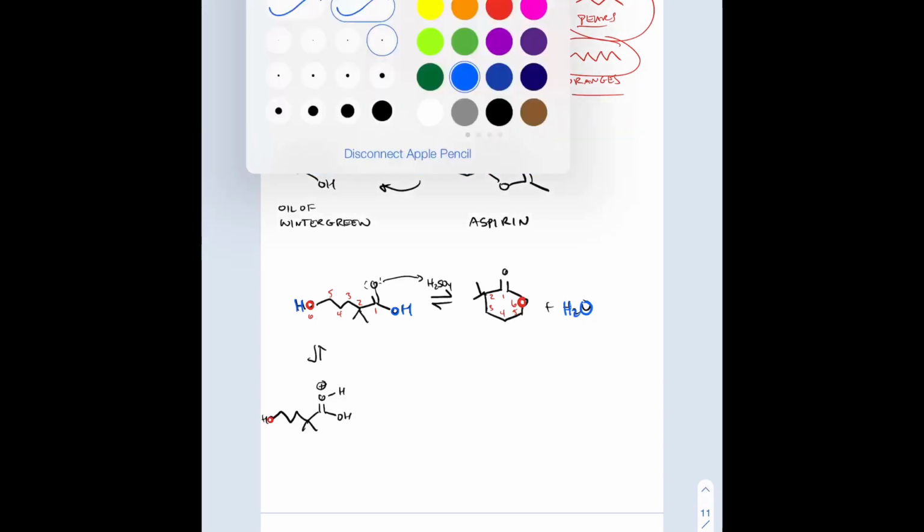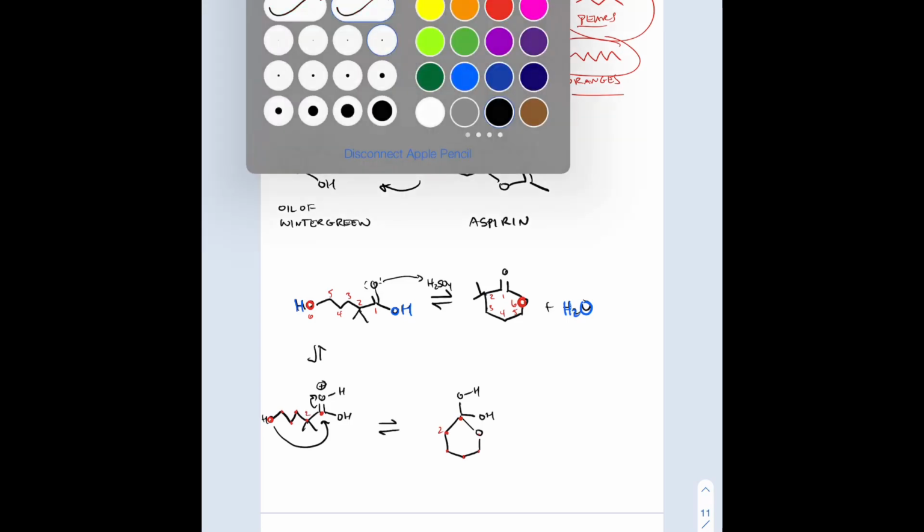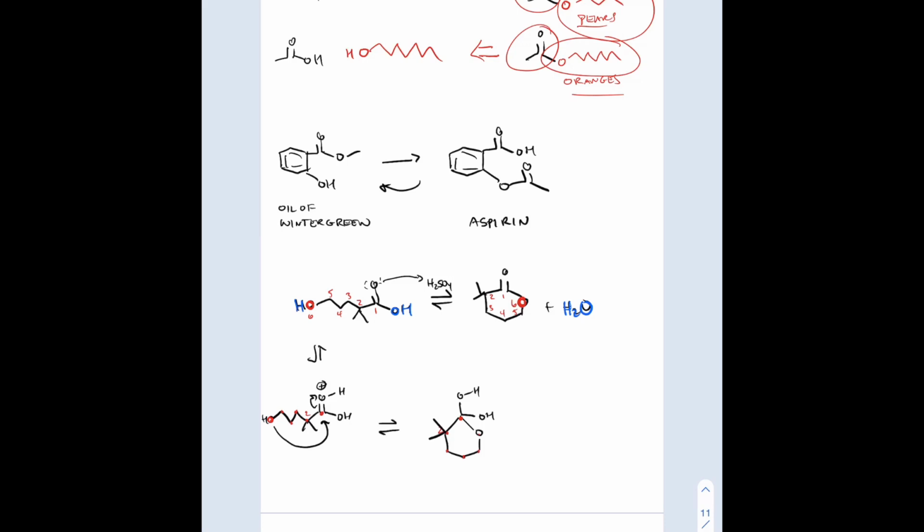And that's exactly what's going to happen here in the presence of a strong acid, or a little bit of an acid. So H2SO4 protonates that carbonyl oxygen, making that carbon more susceptible to nucleophilic attack. We now have what looks like the ring structure of our final product, but we do have a couple extra things on that carbon.